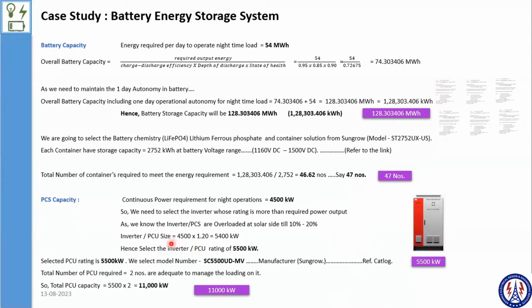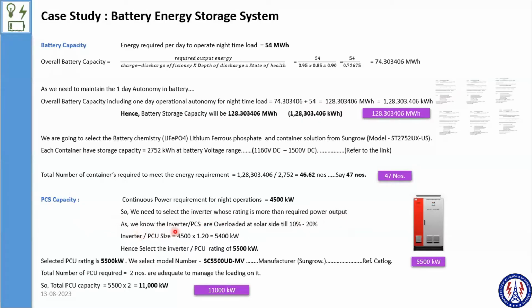So the continuous power requirement for the night operations is 4.5 megawatt or 4,500 kilowatt. This is the continuous power requirement for the plant. So we need to select an inverter, or you can say PCS, whose rating is more than your required power.